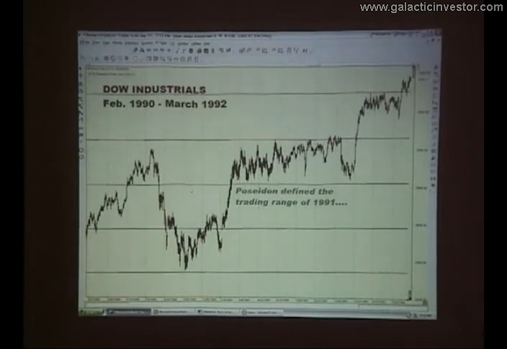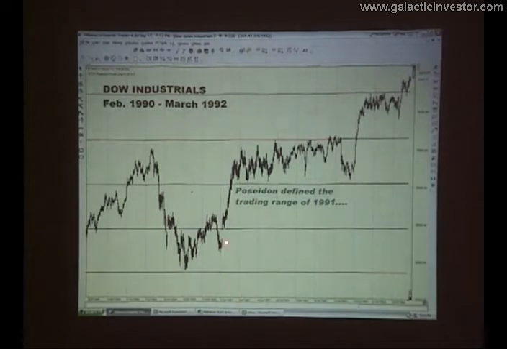Now at the start of 91, the Dow gapped upward to trade at the next highest level of the Poseidon line. Like this. And it found some support, or rather over here, okay, and it found support there, and then it moves up.